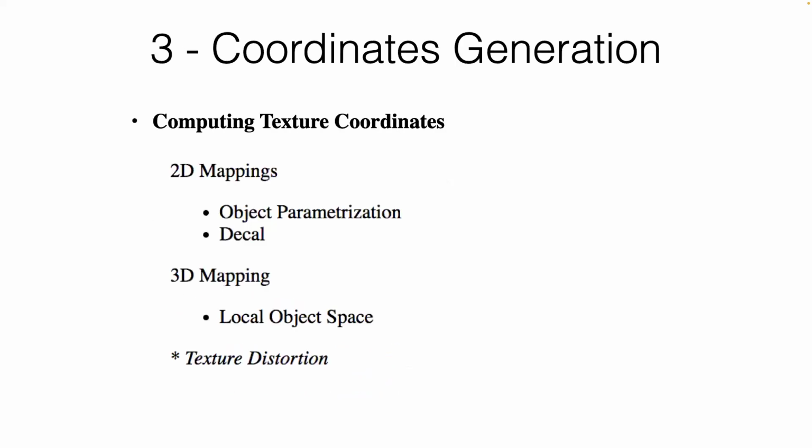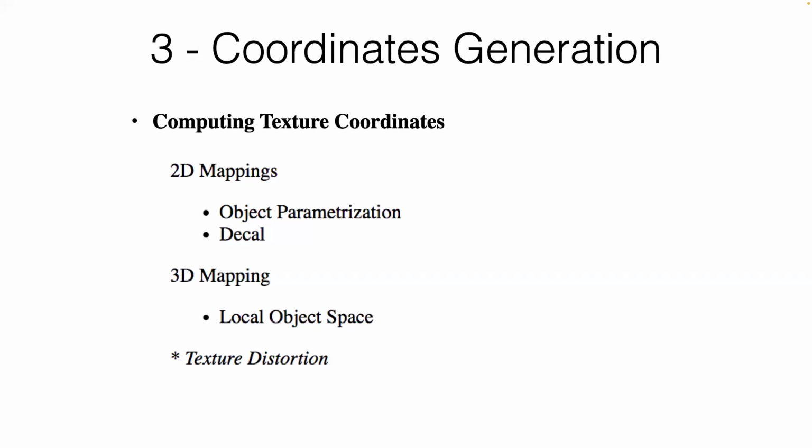Okay, and then you have this coordinate generation that relates to computing texture coordinates. These are different types of mappings. So we have 2D mappings, like an object parameterization or a decal, that's a projection, or a 3D mapping where you need to consider the local object space with the texture space.